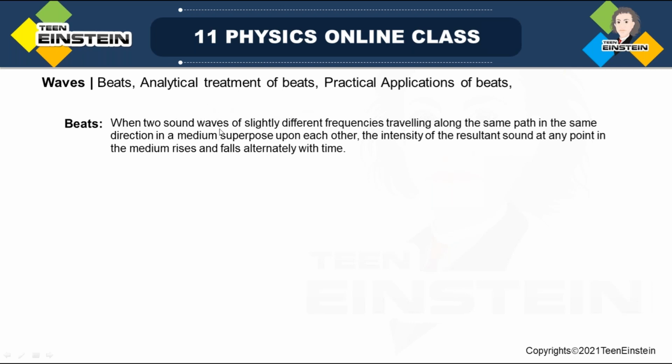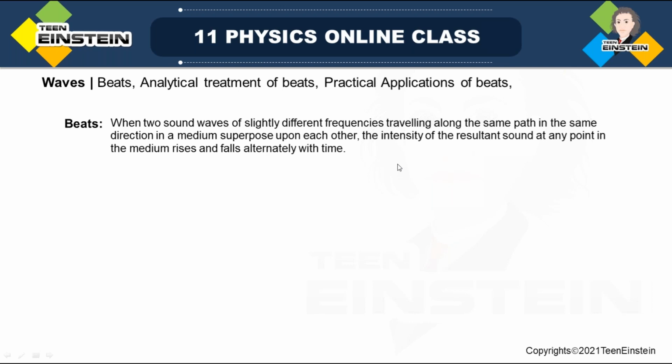I'll just recap what we have learned about beats first. We had learned the definitions. What is a beat? Beat means when two sound waves having slightly different frequencies travel along the same path in the same direction and superpose each other, then the resultant intensity of the sound will vary.